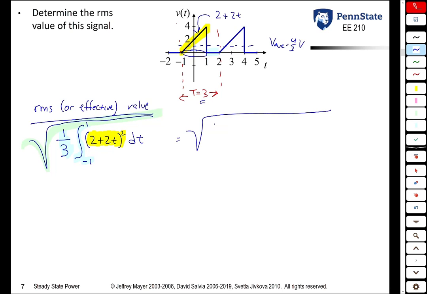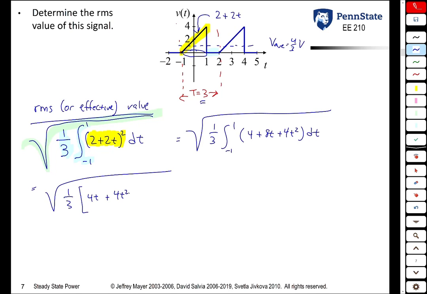You get the square root of 1/3 times the integral from -1 to 1 of what? 2 plus 2t quantity squared is 4 plus 8t plus 4t squared. When you integrate that, the integral of 4 is 4t, the integral of 8t is 4t squared, the integral of 4t squared is 4/3 t cubed.